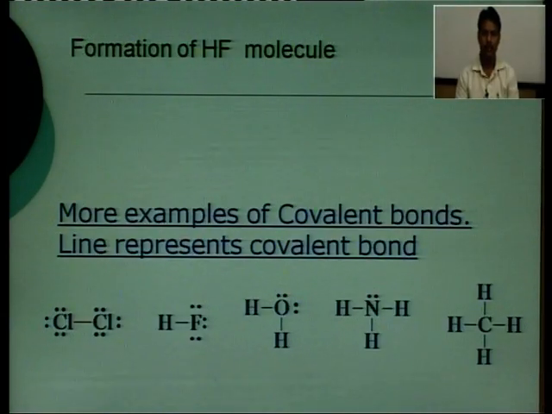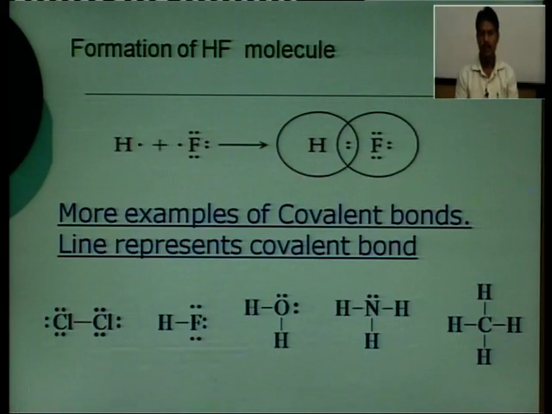Next is hydrogen fluoride molecule. Here one hydrogen combines with a fluorine atom. One electron from hydrogen is shared with an electron of fluorine, and hydrogen fluoride is formed.